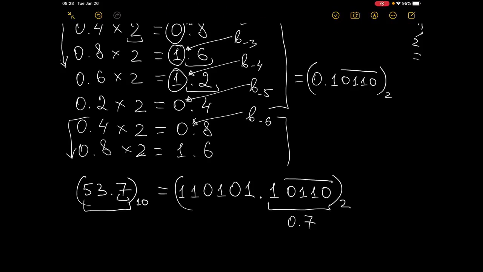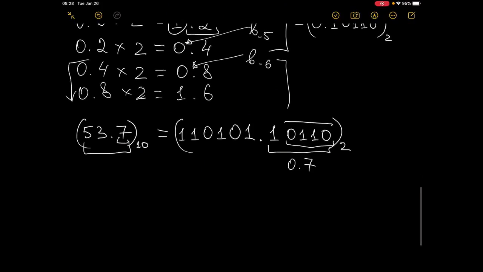Because you cannot have in your computer infinitely repeating zeros and ones. By the way, one elementary digit of binary representation, which is either 0 or 1, is called a bit.